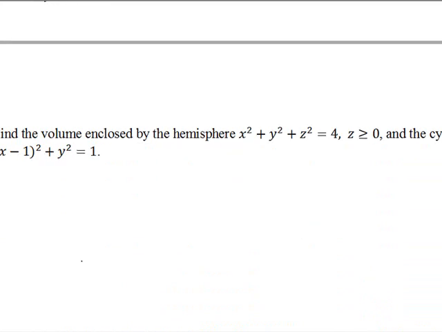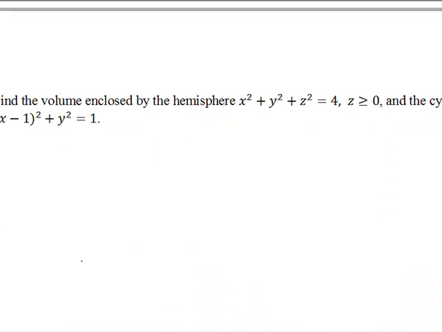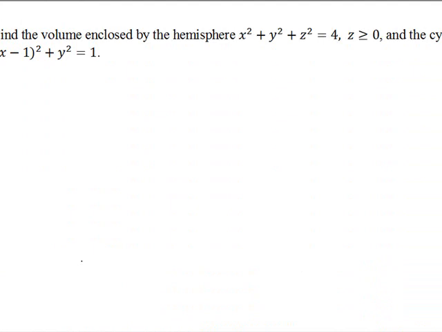Let's look at this one. This one is a little tricky. Same thing for the volume enclosed by the hemisphere x squared plus y squared plus z squared equals 4 for z greater than or equal to 0, and the cylinder x minus 1 all squared plus y squared equals 1.